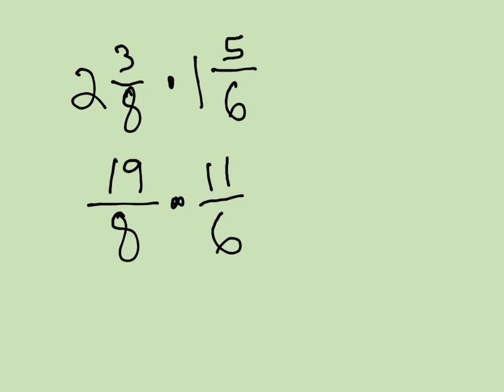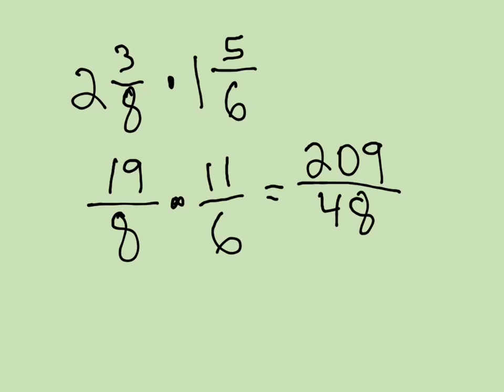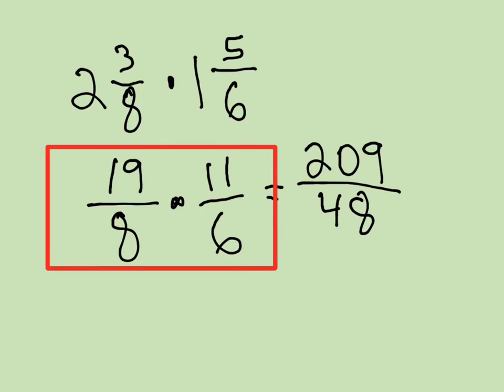We did our little arithmetic, 209, and then 8 times 6 is 48, and we know that's as simplified as it can be, and we don't have to spend hours trying to figure out if they have any common factors, because we made sure that over here we simplified as much as possible. So I cannot stress enough how much it helps you if you simplify before you multiply, because then you don't have to simplify afterwards.